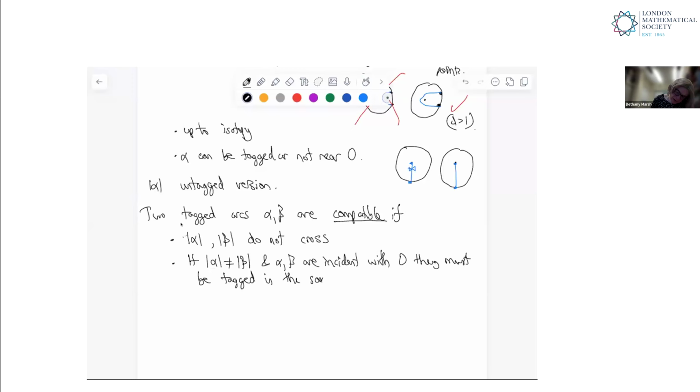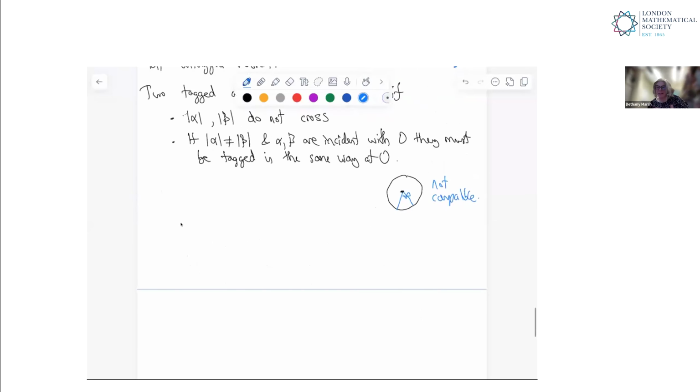So in other words, this situation where one is tagged and one is not is not compatible. And if they were both tagged, it would be okay.